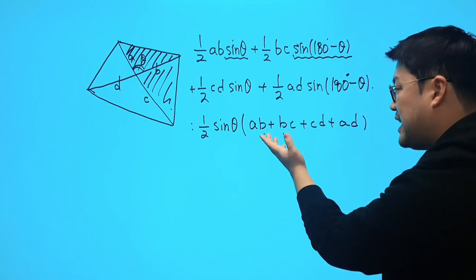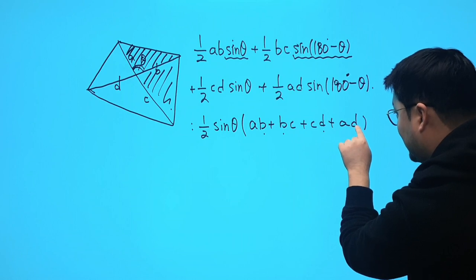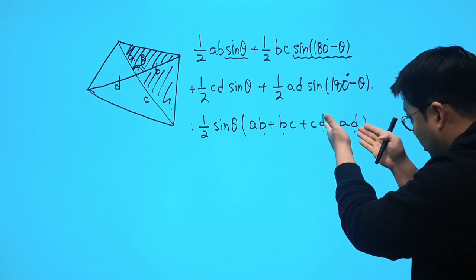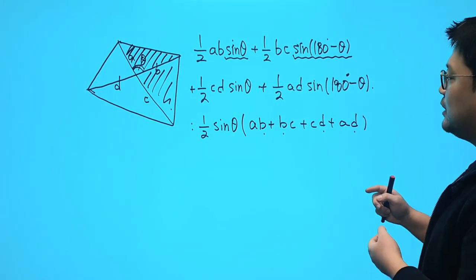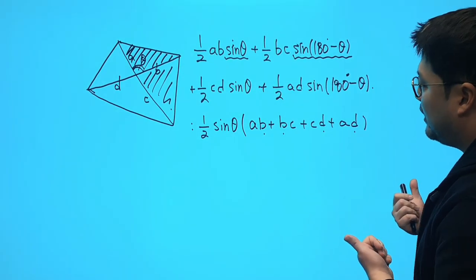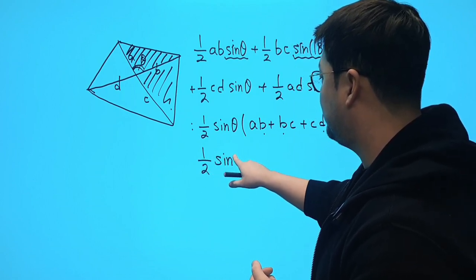Okay, so check this out. We have B and B that are common to the first terms, and we have D and D that are the common terms for the last two terms. So what do we have? We have 1/2 sine theta.